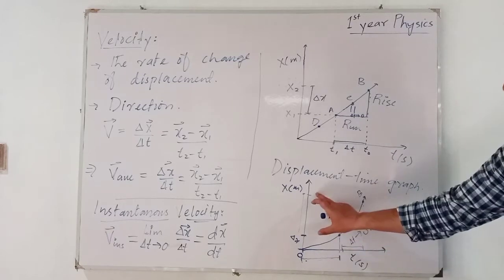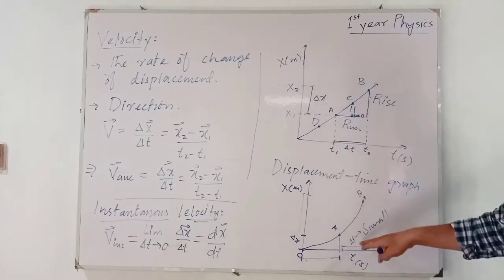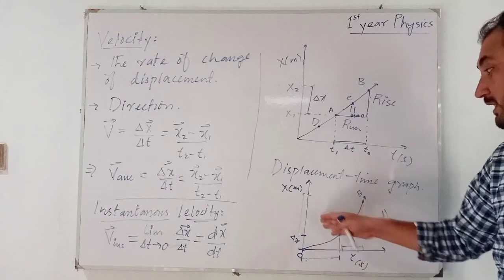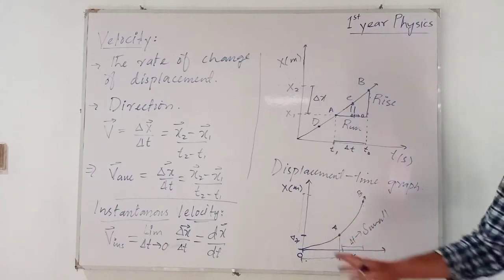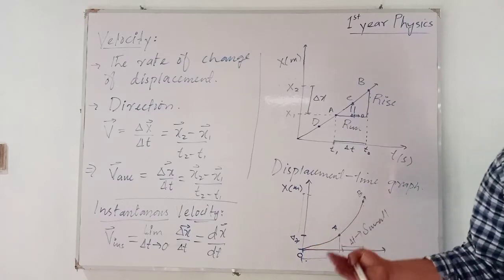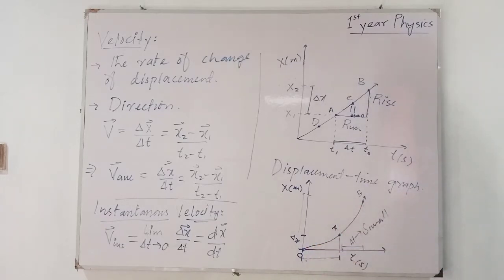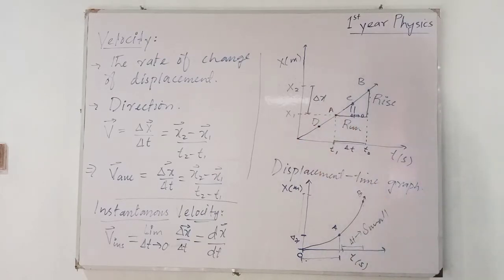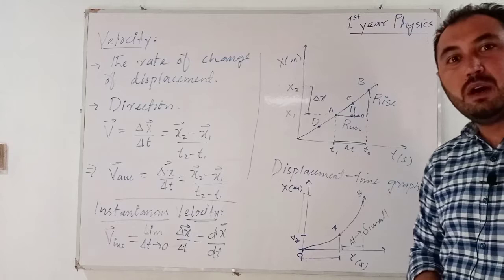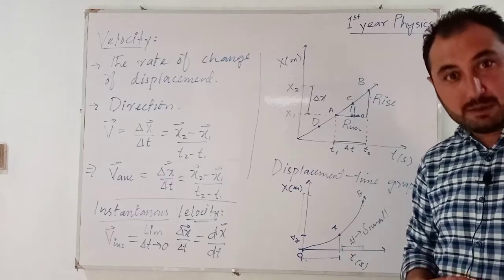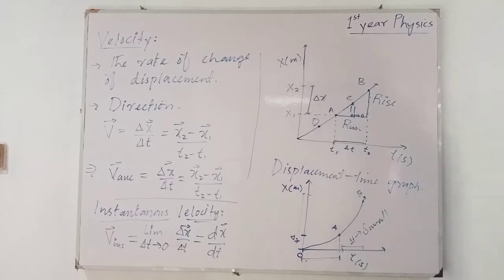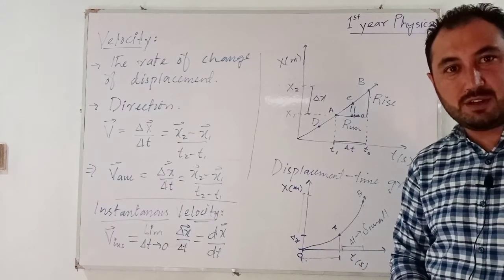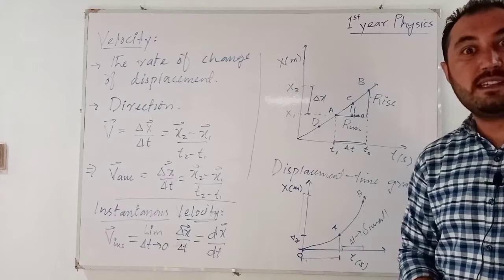So here a greater value divided by a smaller value gives us a greater value, right? So the velocity is not the same. Throughout this journey it is going to change. Such a velocity is what we call variable velocity. In the next topic, we are going to cover how we can find that kind of variable velocity, right? And we use a different terminology to represent variable velocity, and that is what we call acceleration.